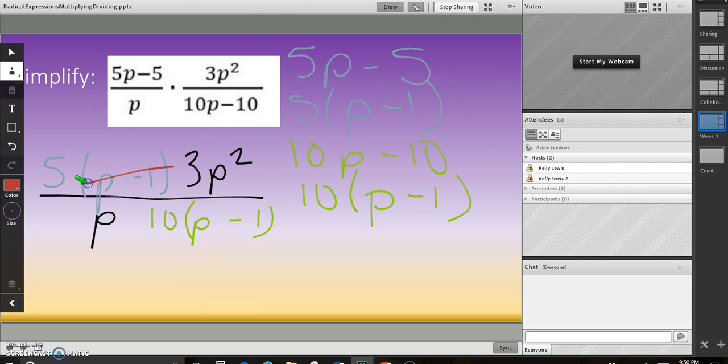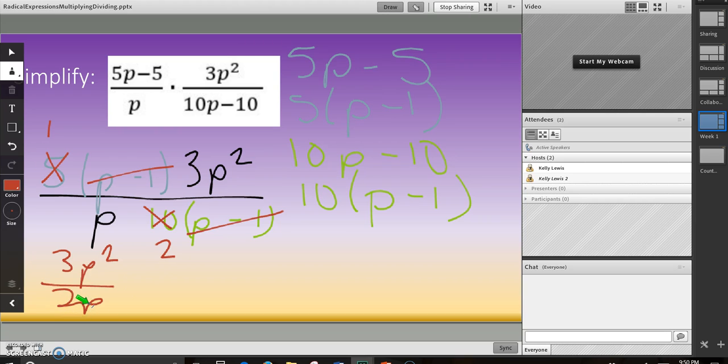It looks crazy, but let's see. This p minus 1 and that p minus 1 go bye-bye. This 5 and 10: 5 divided by 5 is 1, 10 divided by 5 is 2. So now what I have left is 1 times 3p squared, then p times 2, which is 2p.